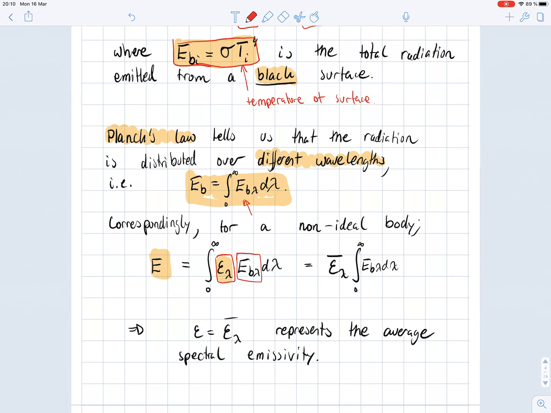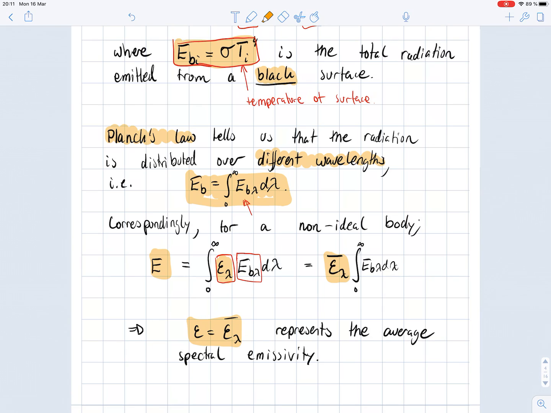We then split up this integral and have this average value on the outside of the integral, and this average value represents just epsilon, the average spectral emissivity over all wavelengths. So this is a simplification. We do the average over all possible wavelengths to simplify the formalism.